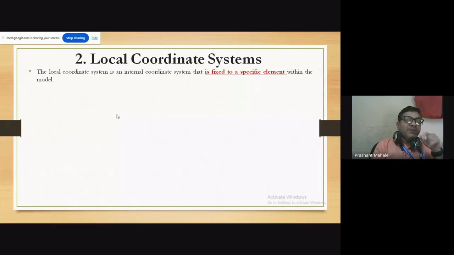So for that element I have separate coordinates. Similarly, for the second element I will have separate coordinates, with one of the nodes as 0. Third element, one of the nodes 0, third coordinate. In this way, I have separate coordinates for each element inside the body. If such coordinates are there, we call them the local coordinate system.